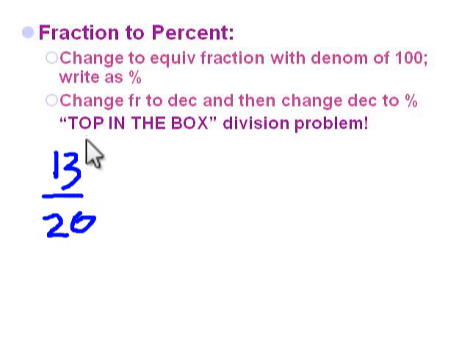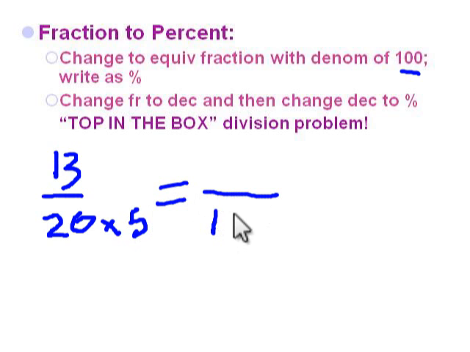Now 13/20. I know I can use this because 20 can divide evenly into 100. So since 20 times 5 equals 100, I'm going to make 100 my denominator because percents are all out of 100.